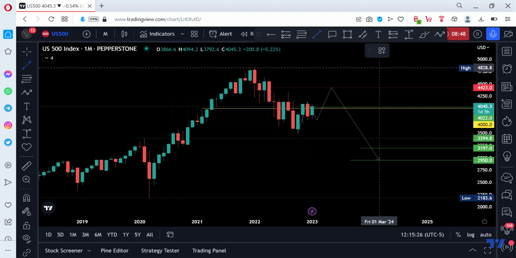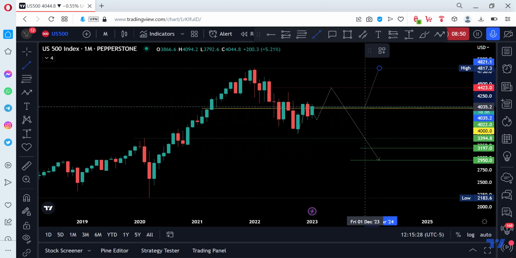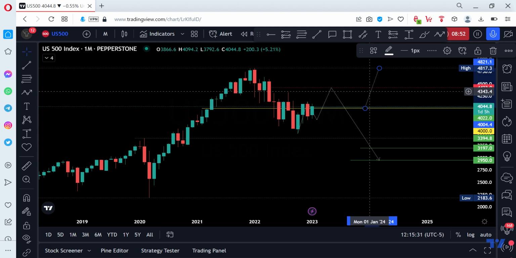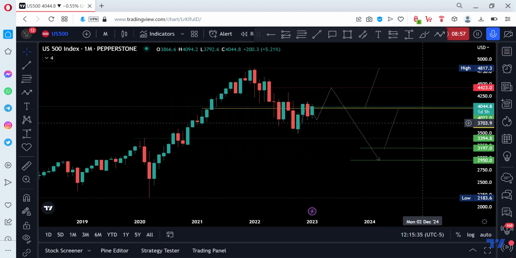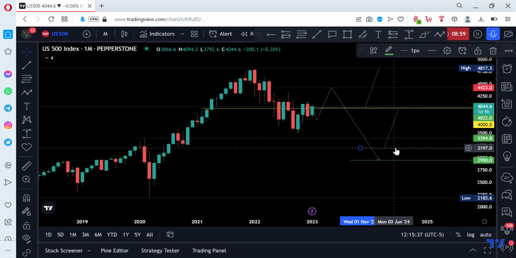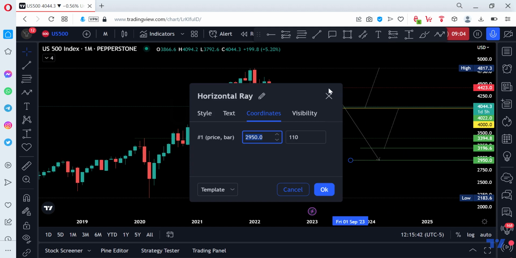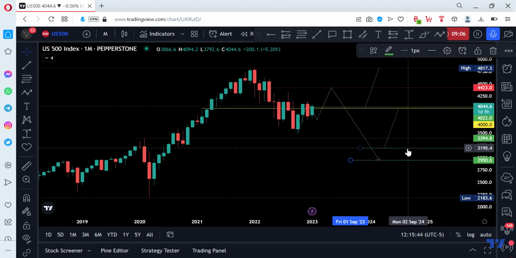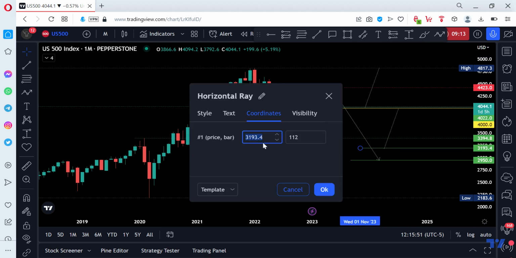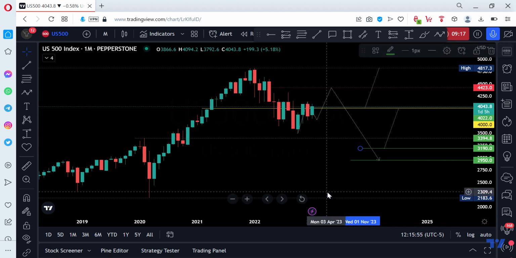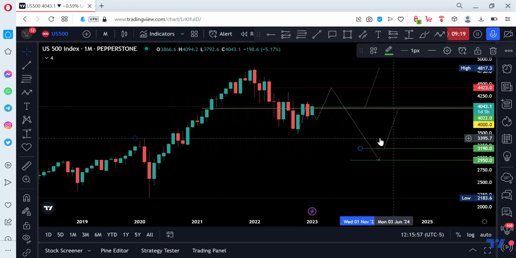So what I like to do is take a measured move based on that number and project it lower, which is going to take us to this number. This is as a last reserve, I will show you after. So that's why I have this number, more likely around, let's say 90, so it's more rounded.